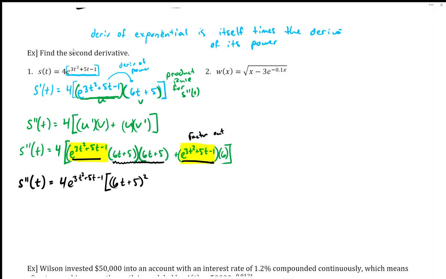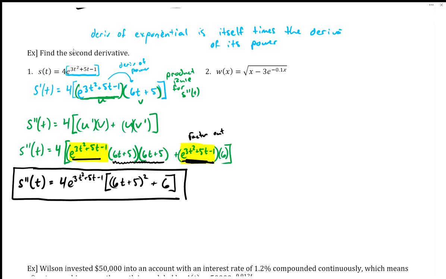Okay, so it just depends on the mood that they're in or we're in. Okay, and then plus, and this got factored out entirely, 6 is left over, so plus 6. Okay, and I'm gonna say I think this is good. Maybe we need to FOIL this out and then continue simplifying.